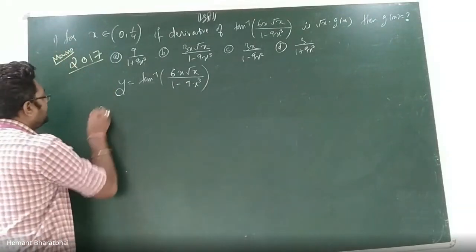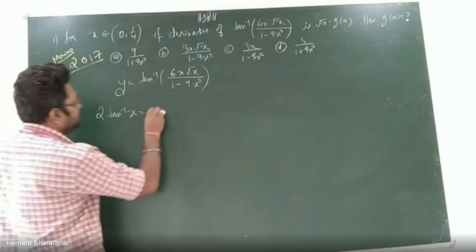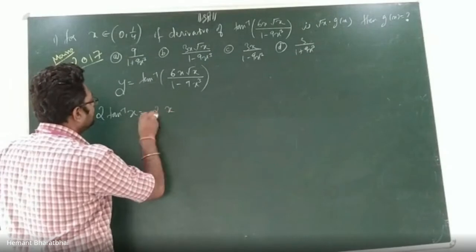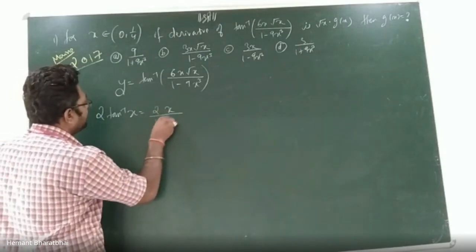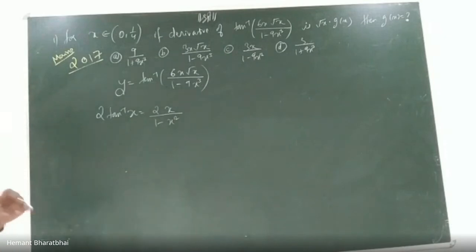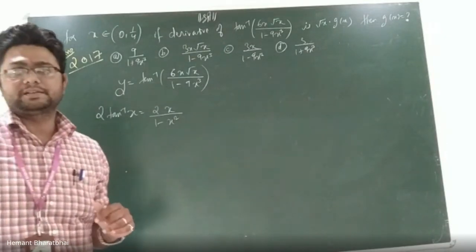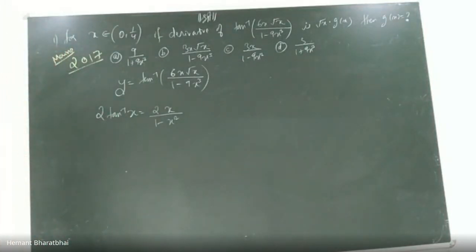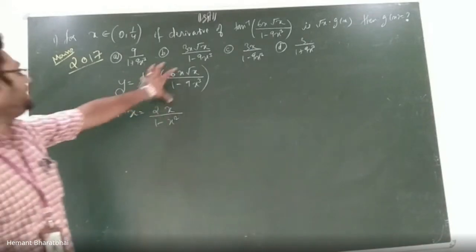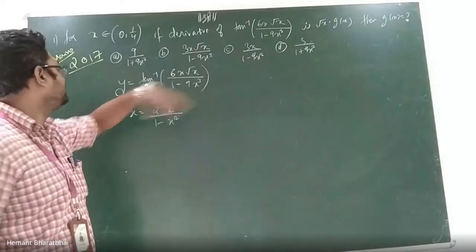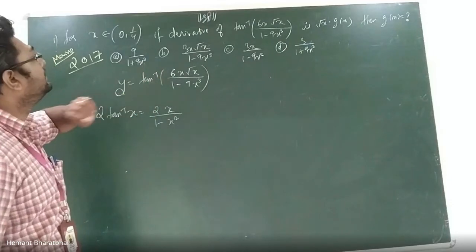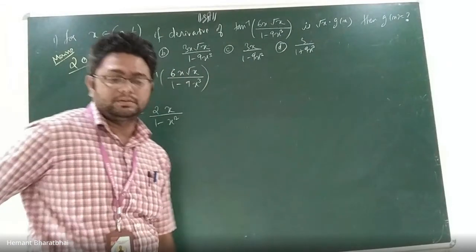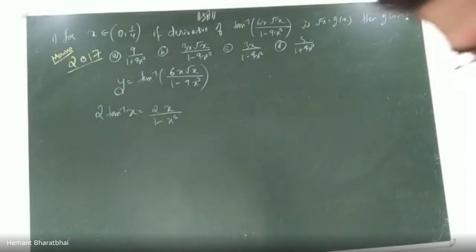If I remember correctly, we have a formula: 2 tan inverse of x is nothing but 2x upon 1 minus x square. We had this formula in inverse trigonometry. So if I am able to convert this into these terms, then I will be able to solve it. So that is what I am going to do.